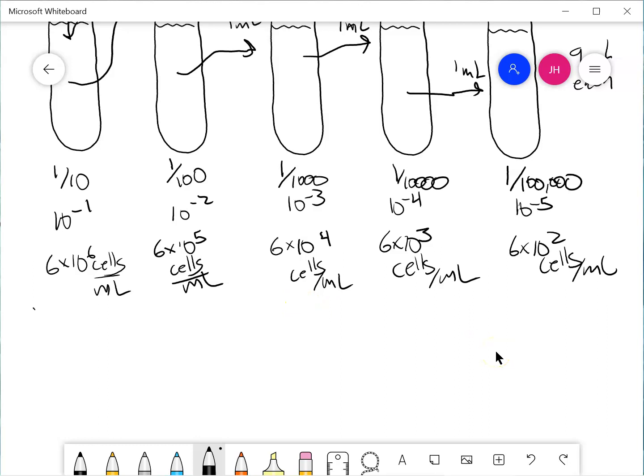So we put 100 microliters, or 1/10 of a milliliter, onto a petri dish. So how many colonies will we get on a petri dish? Well, let's do the example with this one first.